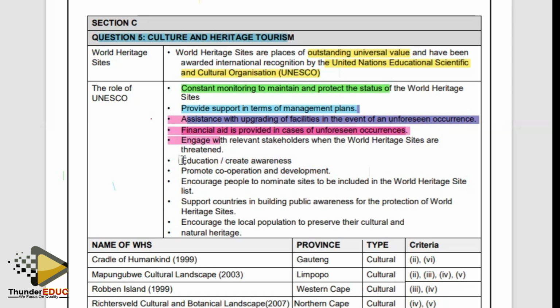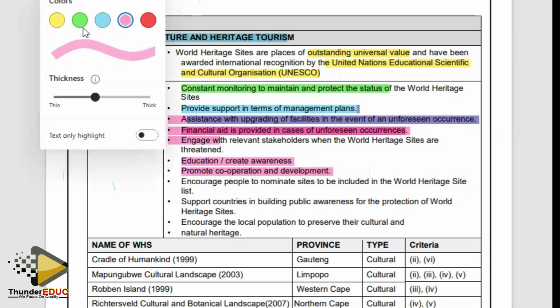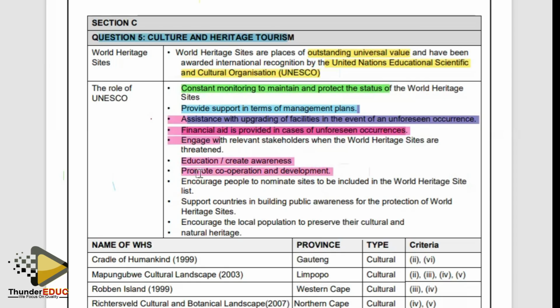It also educates people and creates awareness about World Heritage sites, and together with promoting cooperation and development, it encourages people to nominate sites to be included in the World Heritage Site list. It also supports countries in building awareness for the protection of World Heritage Sites, and encourages the local population to preserve their cultural and natural heritage.